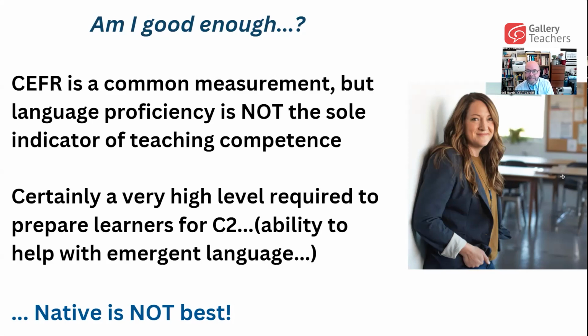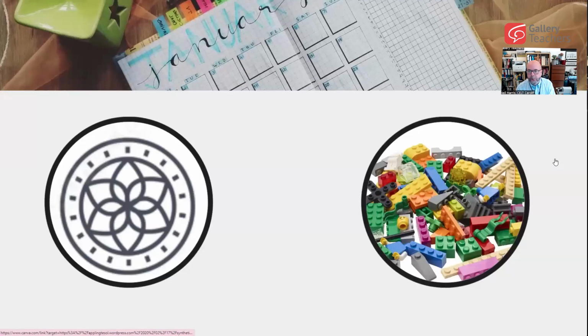And if you have any sense of imposter syndrome because you are not a native teacher of English, please get rid of that if you can as soon as possible by valuing the other skills that you have, which combined with the very high level of language that you are required to have to be able to teach successfully at C2 level, will make you that really good teacher. Okay, so let's move on.